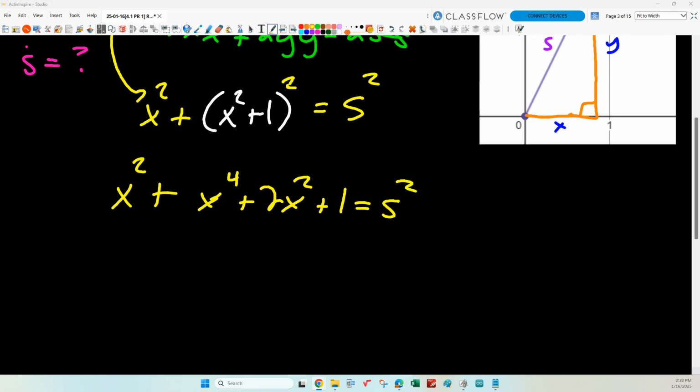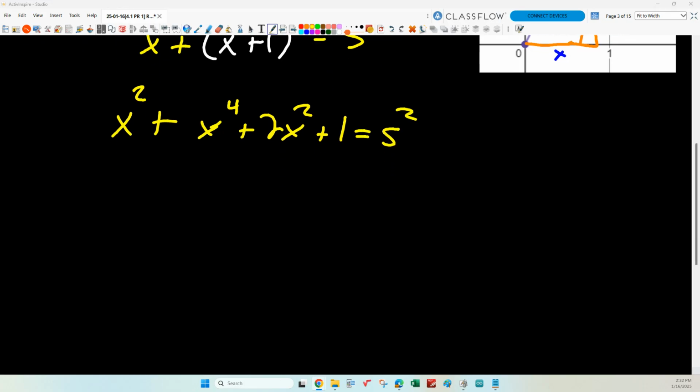Good, so if we combine like terms, then we just get x to the 4th plus 3x squared plus 1 equals s squared. Okay, way better. Now if I implicitly differentiate with respect to t, what am I going to get?